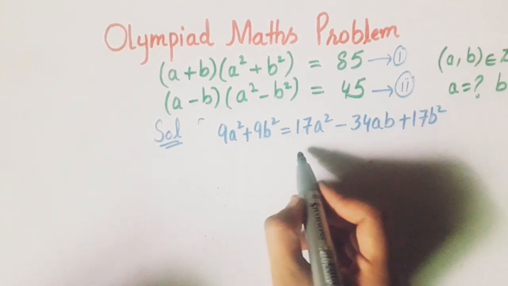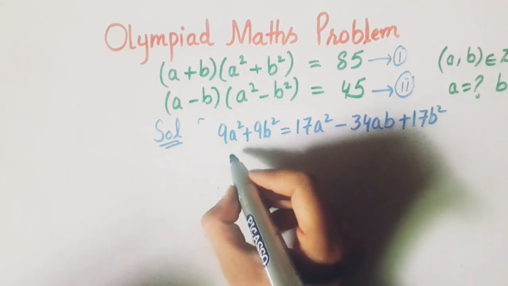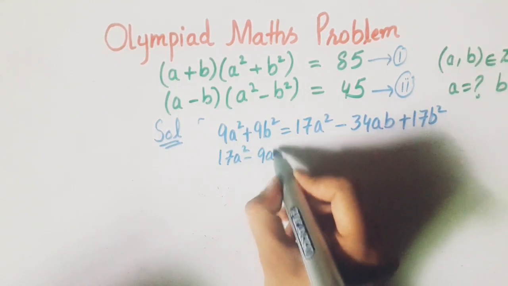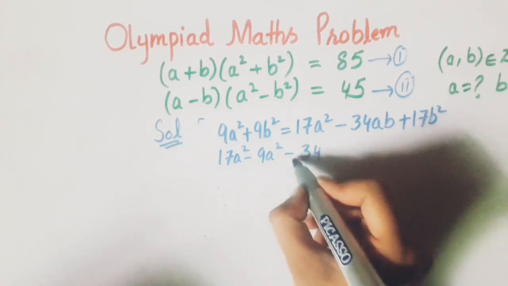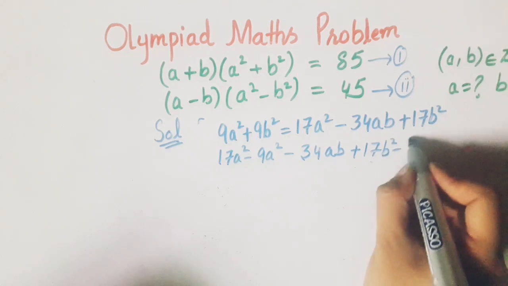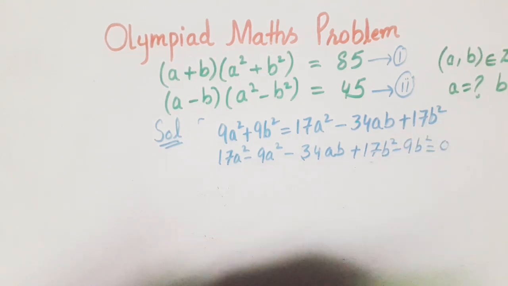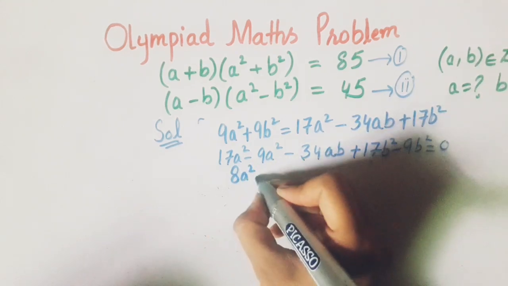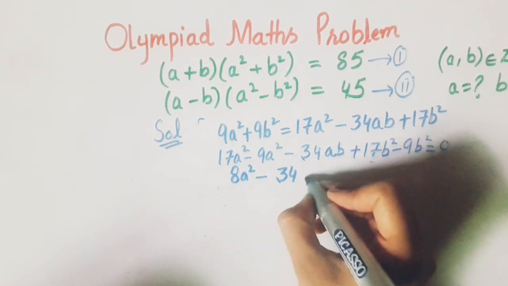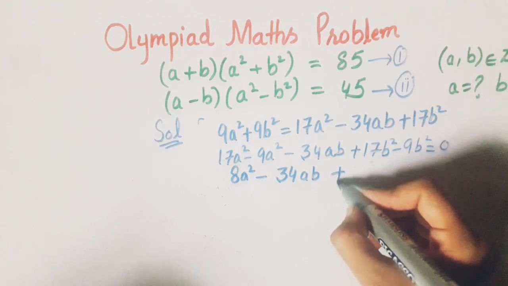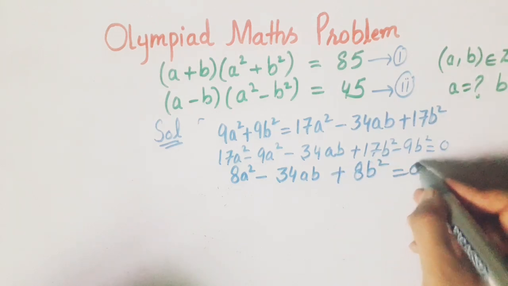Now we get 17a square minus 9a square, and minus 34ab, then plus 17b square minus 9b square equals 0. Now 17 minus 9 will be 8a square, minus 34ab, and then 17b square minus 9b square will be 8b square. We will write this as plus 8b square equals 0.